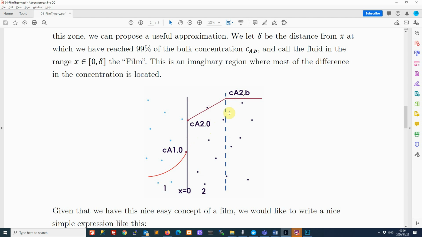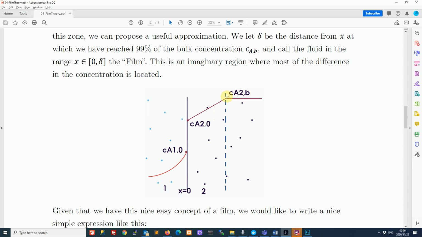Then we could just take the difference and divide by that distance, and then multiply by diffusivity or some constant, and then we're done. We've accounted for all this mass transfer. So that's what we do in film theory. So the film is an imaginary thing.